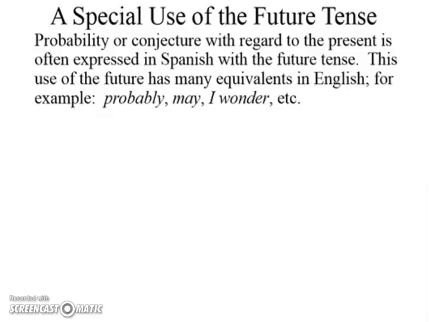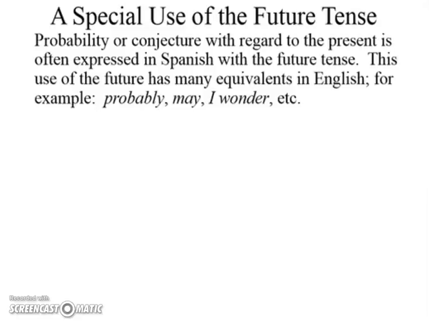Okay, one last word about the future tense, and we will discuss this more in class. That is when we're talking about probability or conjecture, which is the word for wonderment. So if we're wondering in the present, or we're saying probably in the present, we can use the future tense in Spanish for that.